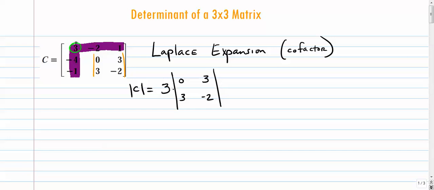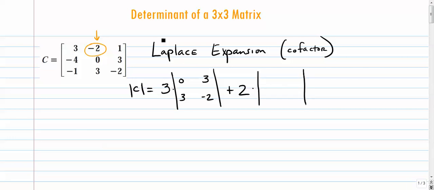Okay? So then we're going to move on to the middle term, first row, second column, right here. And it's kind of an interesting little rule here. We're going to want to take the opposite of that. So it's sitting there as a -2. We're going to want to make it opposite of that. And we're going to multiply that times the determinant of the minor matrix.